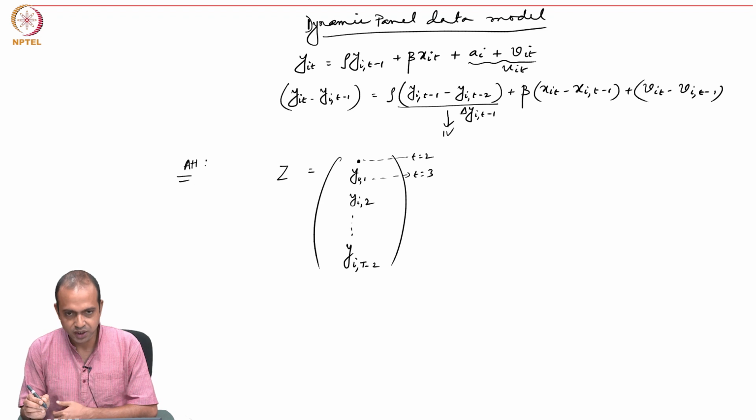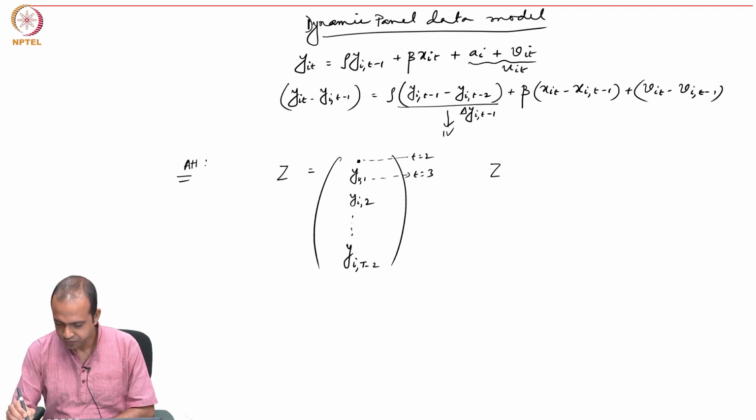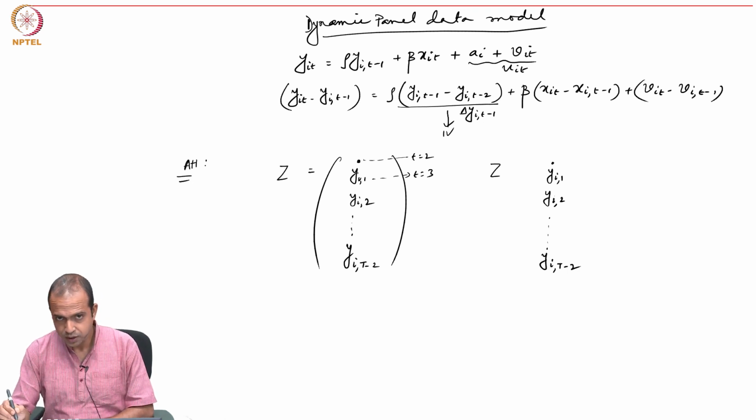And if we take the thrice lag also as an additional instrument, then your Z matrix becomes basically y_i1, y_i2, then y_i,t-2, and when I take the thrice lag also as an additional instrument, I will lose 2 observations.